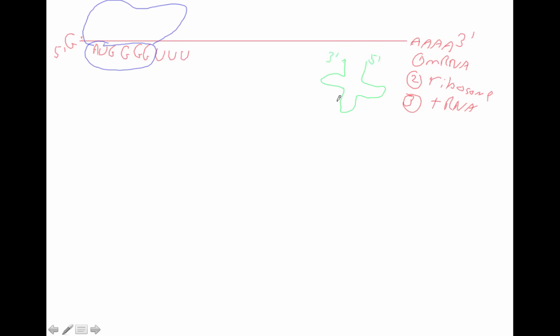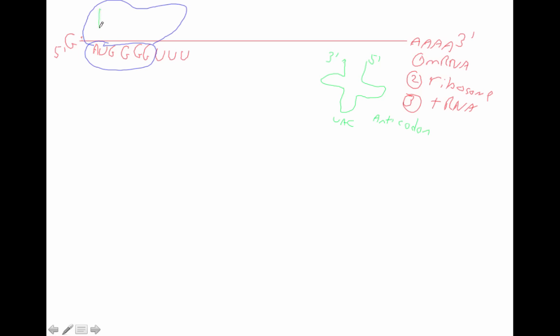This region right down here at the very bottom of the loop, we call the anticodon. It will have complementarity with the AUG in this case, and so that's got to be UAC. So these nucleotides, UAC, are right here at the bottom. This will bind to the AUG, just like so.